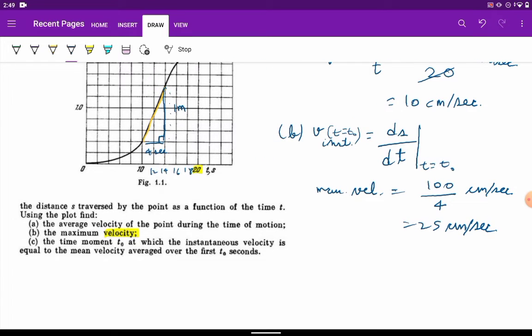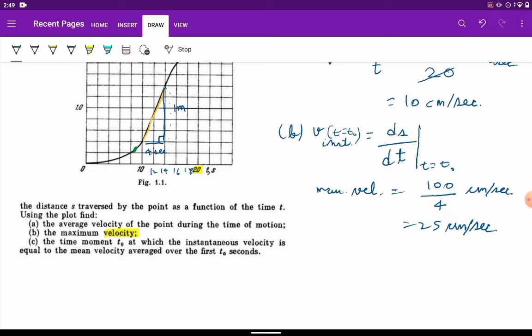Now for the C part, the time moment t naught at which the instantaneous velocity is equal to the mean velocity averaged over the first t naught seconds. Basically, at what time instant is the instantaneous velocity equal to the average velocity? If we consider any random point, let's say I take this point.